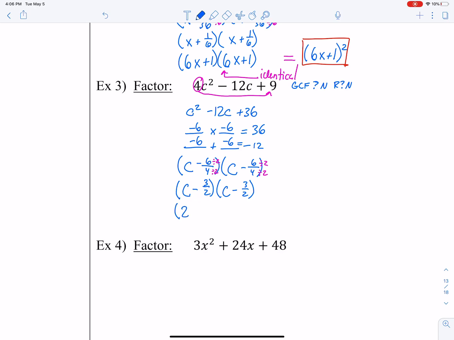So I get 2c minus 3, 2c minus 3. And in this step, I notice that they are identical. They look exactly like duplicates of each other. So I write 2c minus 3 squared as my final answer.